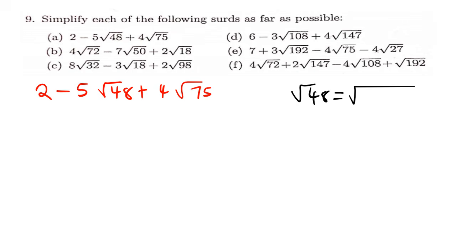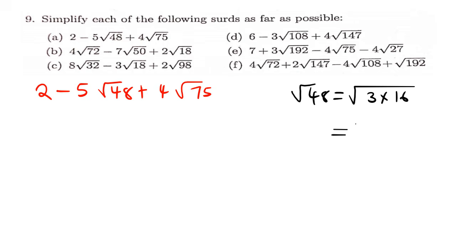If I divide 2 into 48, that will give me 24. 24 is not a perfect square, so I'm going to go to the next number, 3. If I divide 3 into that, I'm going to have 16.